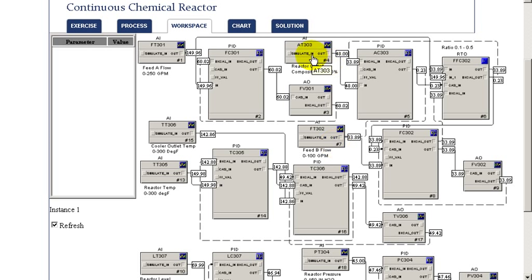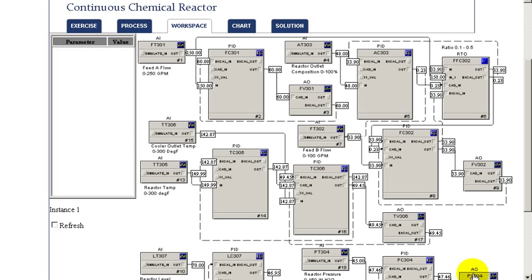The composition of the product is measured and is used to adjust this ratio. In the temperature control, we notice it's a cascade of the reactor temperature to the outlet temperature, and the level control is maintained through single loop as well as the pressure through a single loop.